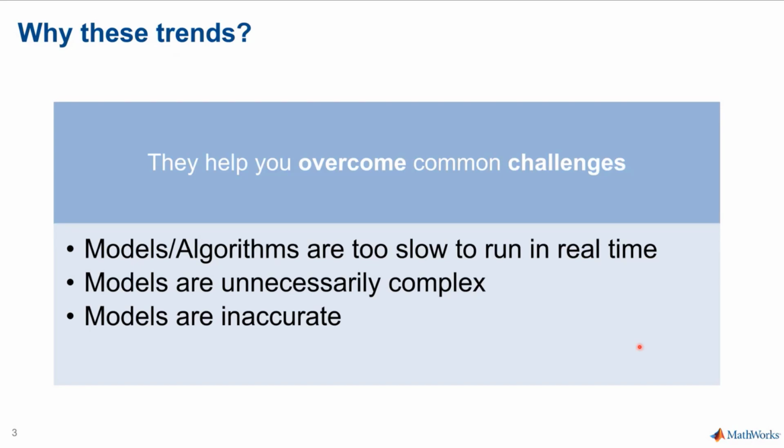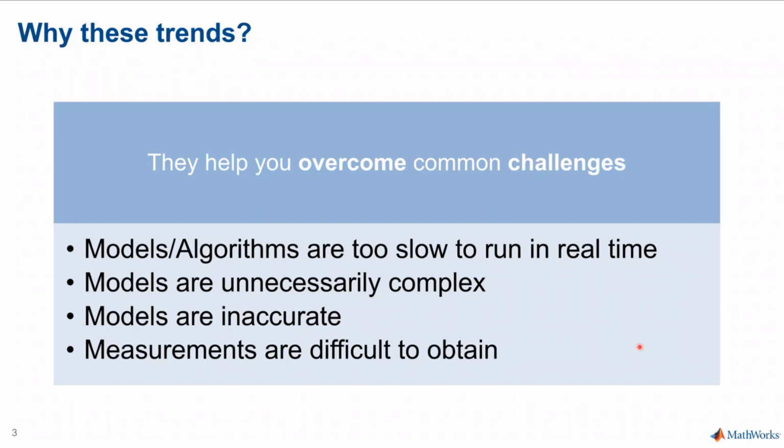Or your models might be inaccurate, so they don't really depict the truth, and you're looking for a way to remedy that. For example, if you are calculating exhaust emissions, then an AI model can actually be more accurate than a very high fidelity model, if you train it on real data. Or it could be that you are interested in a measurement that's difficult to obtain, which you can remedy by generating them synthetically with simulation.